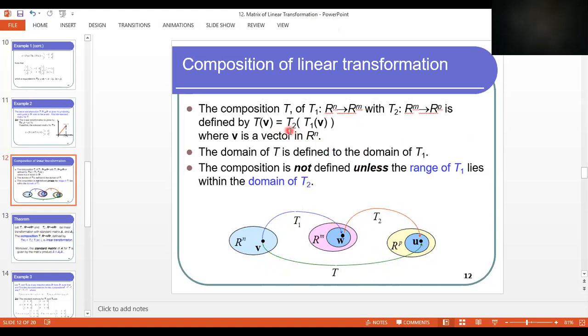So it means T is the composition of two elements.